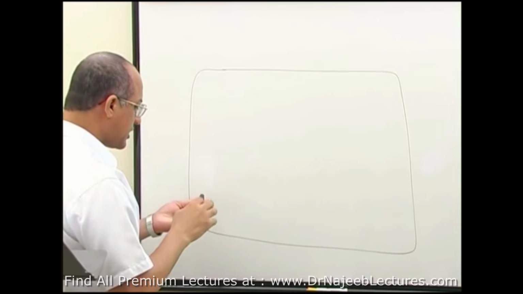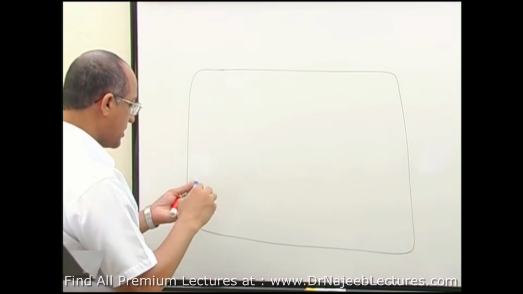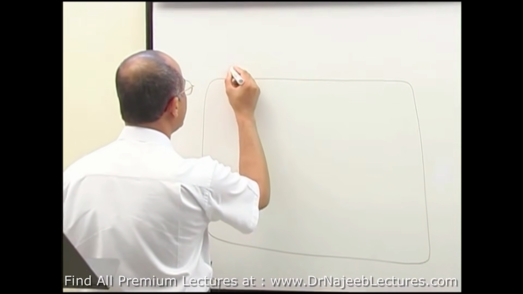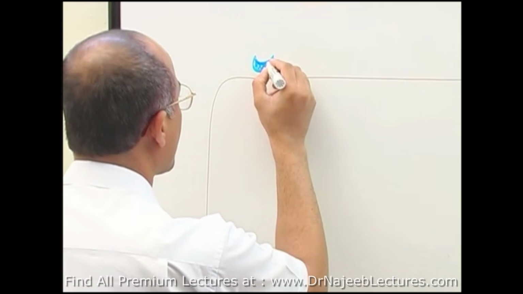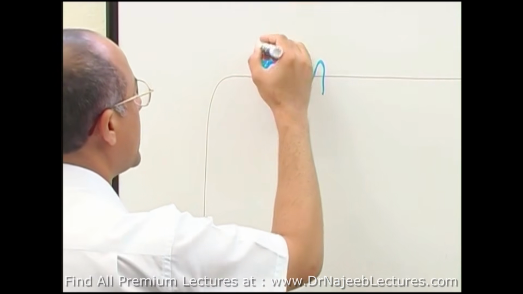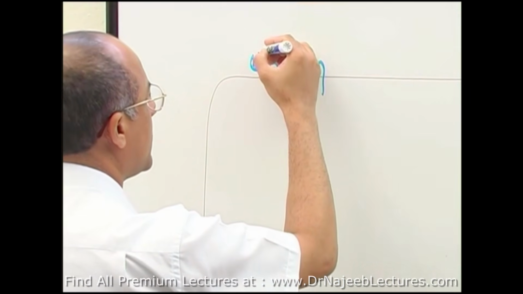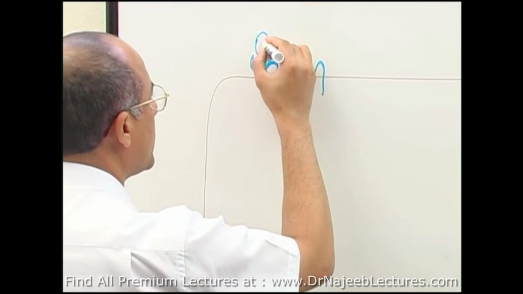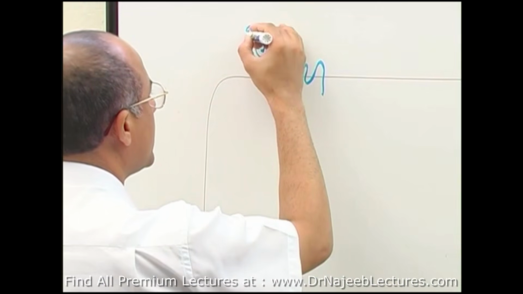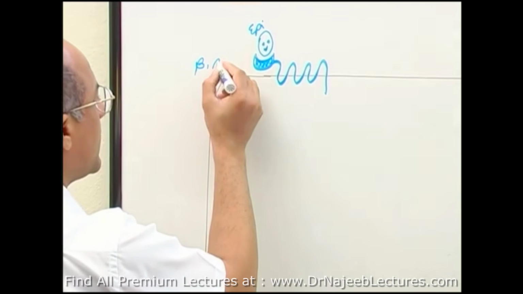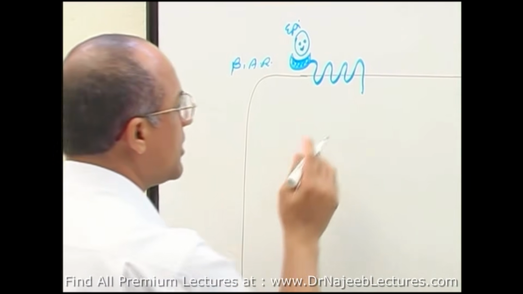When beta 1 adrenergic receptor is stimulated, let's suppose this is beta 1 adrenergic receptor, and epinephrine or norepinephrine, let's suppose epinephrine, binds here.